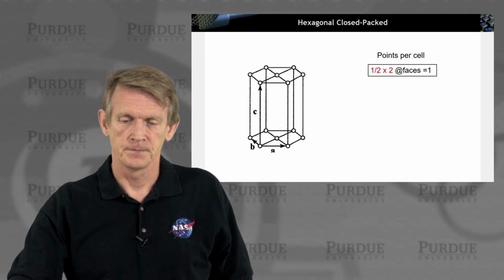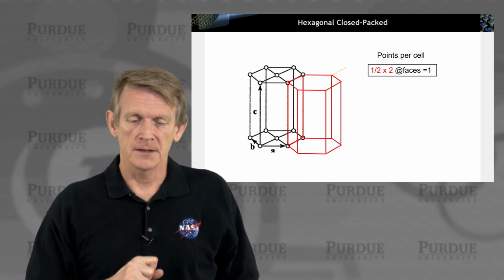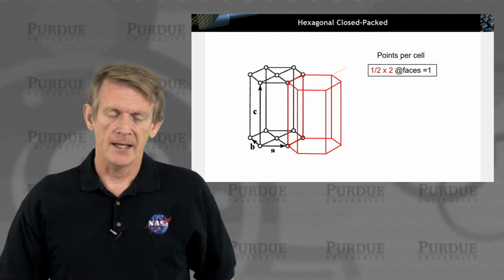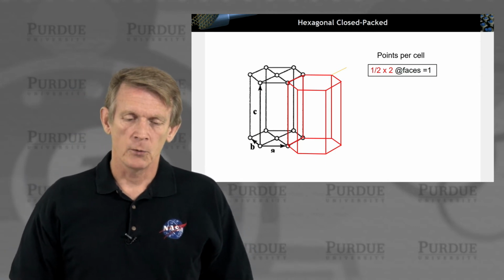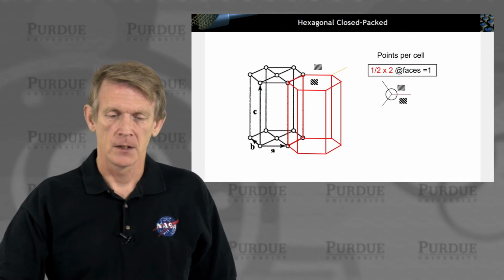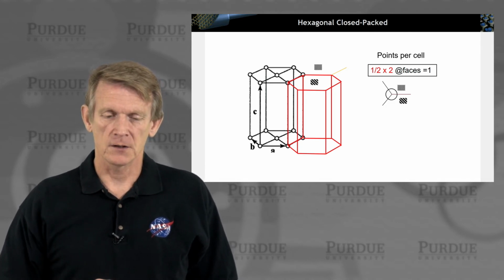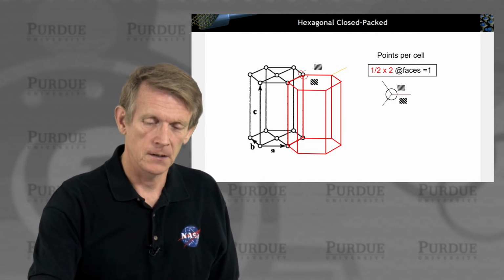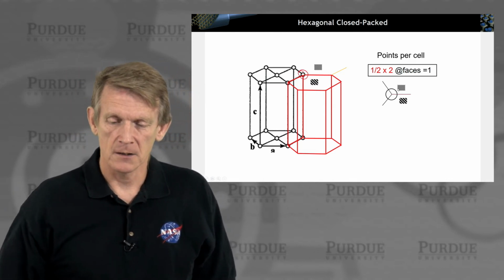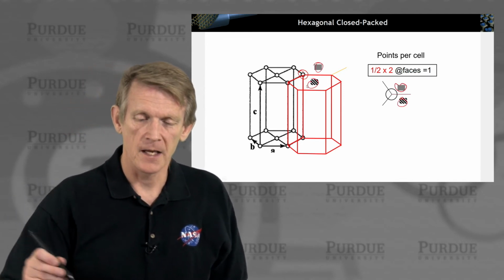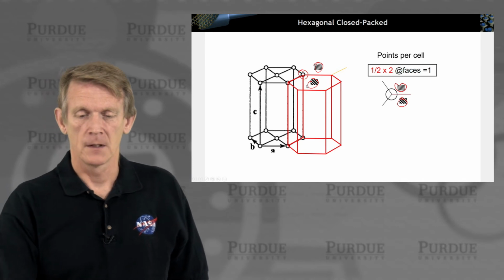2 faces. All right, now let's imagine we repeat this cell in the lateral directions, and we want to figure out how many of these atoms on the corners are shared. If we focus on an atom here, let's say this guy here, it is being shared by 3 different neighboring areas, right?